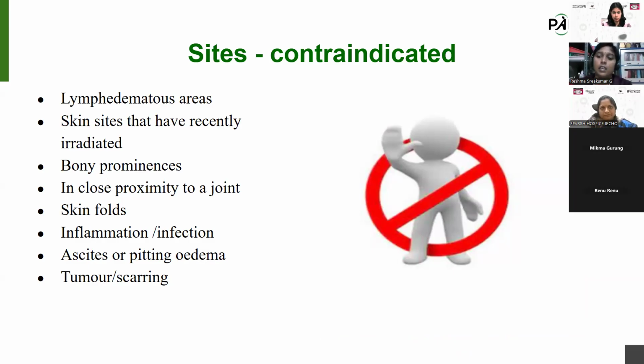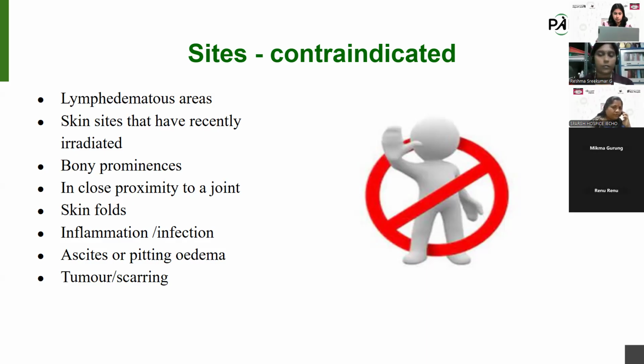Like that, here also we do not administer subcutaneous infusions or injections to lymphedematous areas, and skin sites that are recently irradiated. Then bony prominences we do not choose, and a site in close proximity to a joint is not preferred.